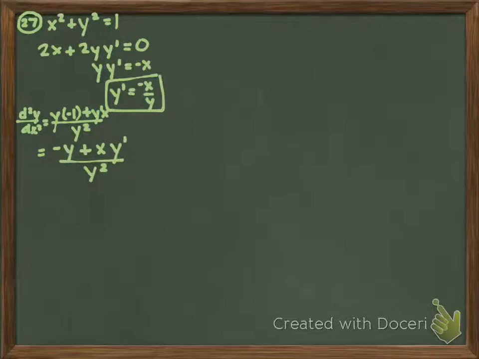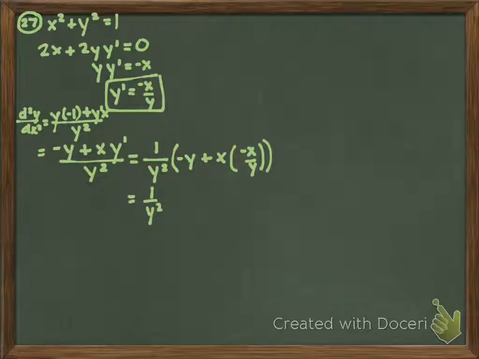So what am I going to do about that? I'm going to go ahead and rewrite this as 1 over y squared because what I'm about to do is going to get messy if I don't. And then negative y plus x times negative x over y. Right? And then I get 1 over y squared times negative y minus x squared over y.